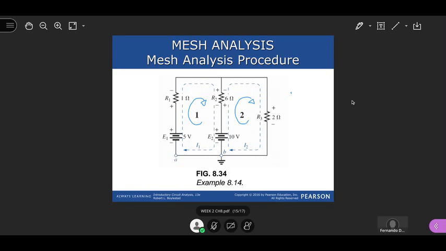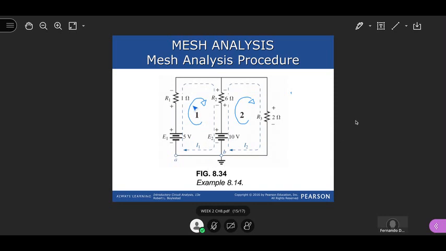So that will be the direction of I1 and I2. After we do that, we assign the polarity to each voltage drop across each element. This E1 is given to you, you don't have to assign. E2 is given to you, you don't have to assign. Here you have to assign.